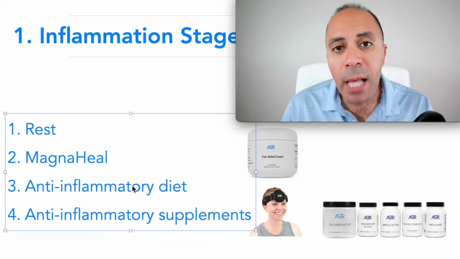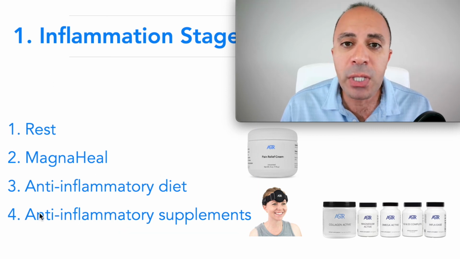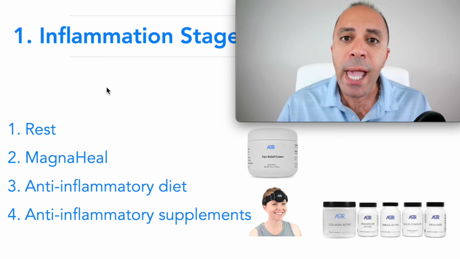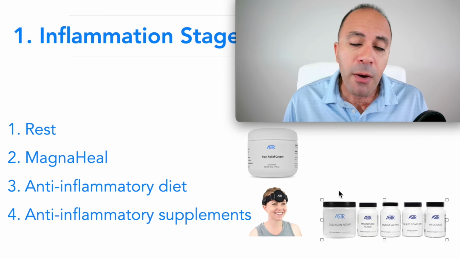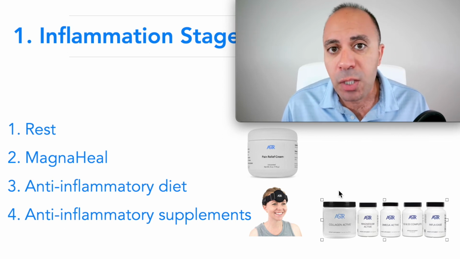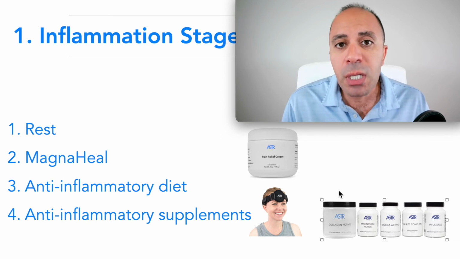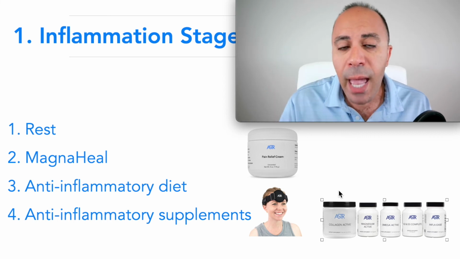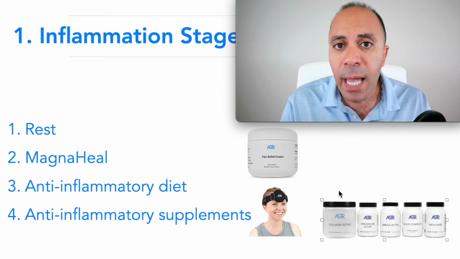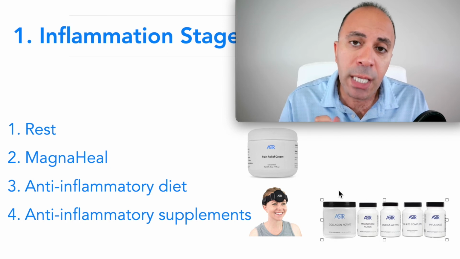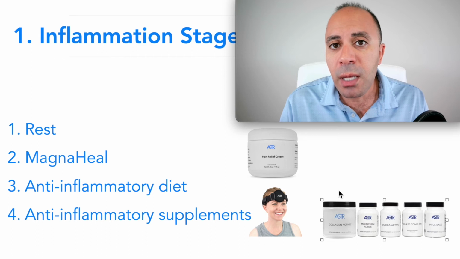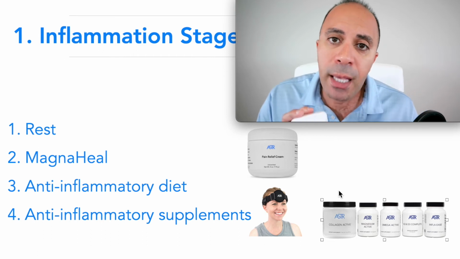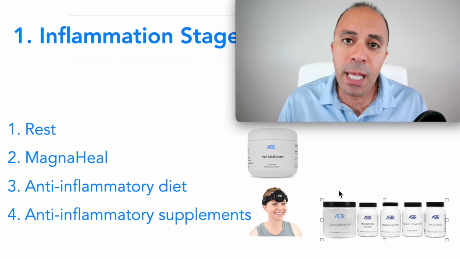Lastly, if you have moderate to severe inflammation, we have to be extremely aggressive in decreasing that inflammation, and that could be a sign of vitamin and mineral deficiency. For moderate inflammation, along with the MagnaHeal 2, I like to have my patients use a pain relief cream, an anti-inflammatory cream that's used to decrease inflammation and speed up the healing cycle, and it has vitamins and minerals and a lot of natural ingredients that help with the pain and decrease the inflammation.